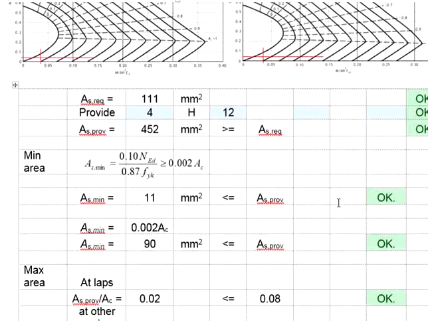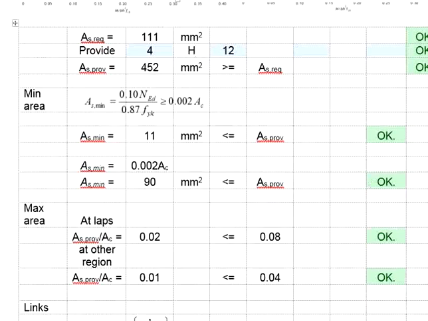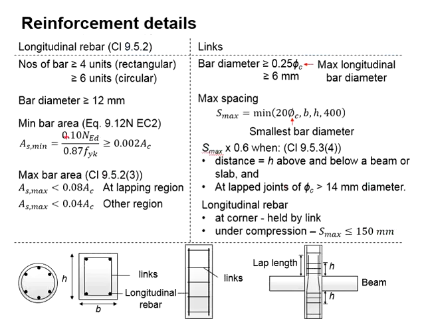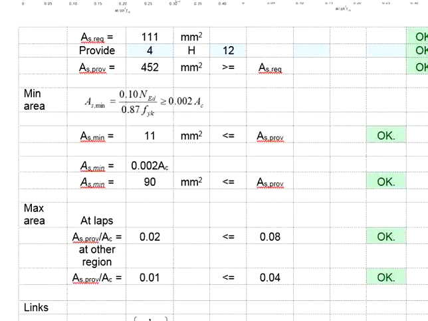You will need to also check the minimum bar area using this equation. The AS minimum is governed by the equation, and it should be at least 0.2% of the total cross-sectional area of the column. AS minimum needs to fulfill these two requirements.